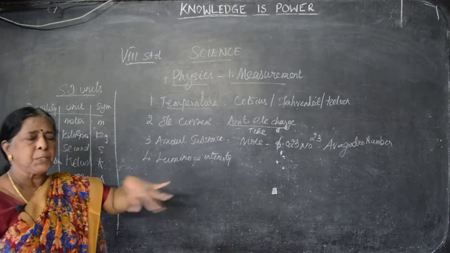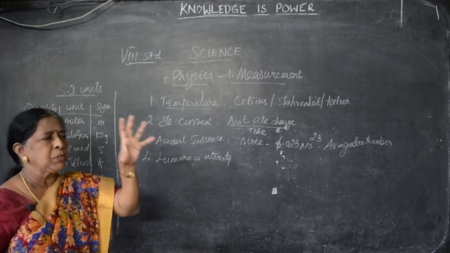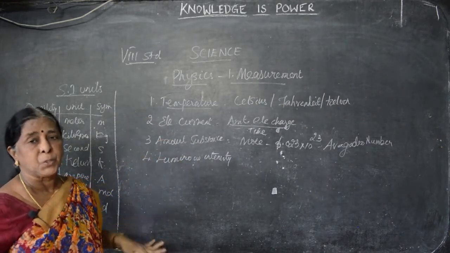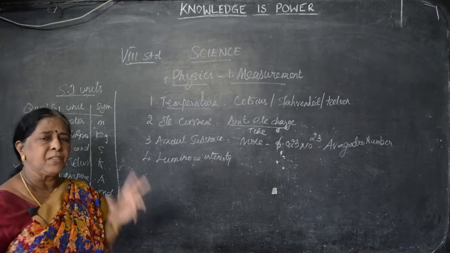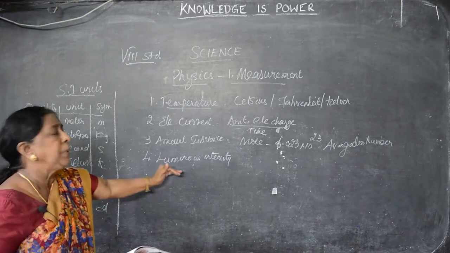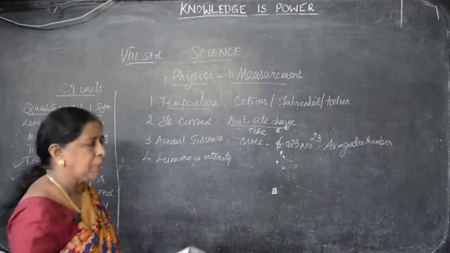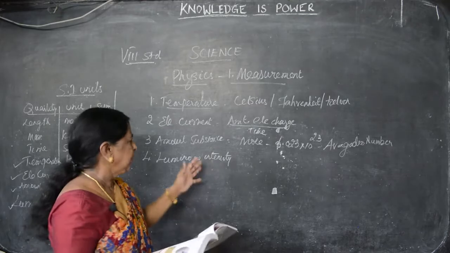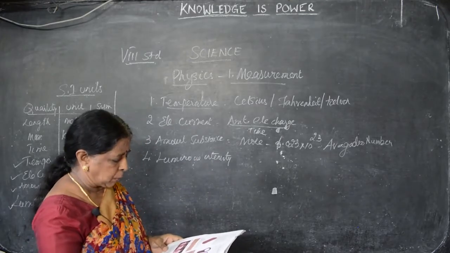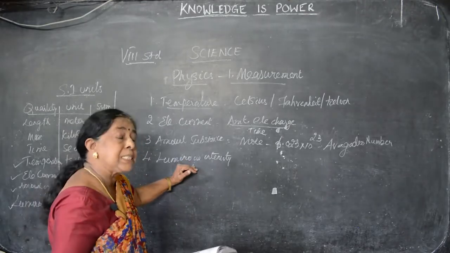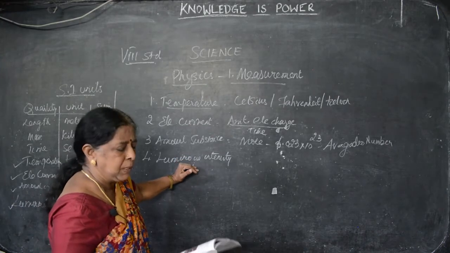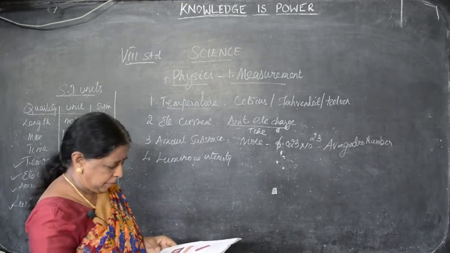In any sports field, they find out how much light there is, whether it is enough for the players to play or not. That capacity of light is luminous intensity. Luminous means glowing, and intensity means capacity. We find luminous intensity by using the instrument called photometer.